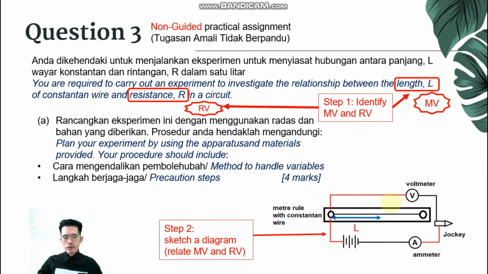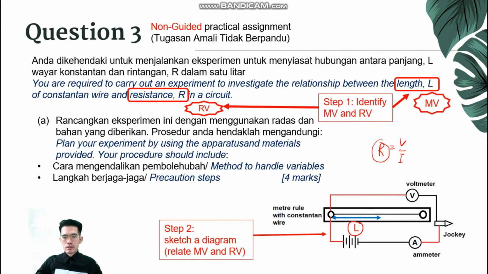After that, we use the jockey and touch the constant wire at the reading of L we are planning to get, and the readings of V and I are divided to get the resistance. Within these 5 minutes, you have to do all of this so that you can complete your experiment within 20 minutes.